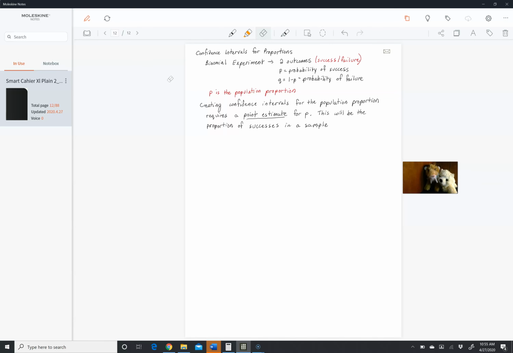Okay, we refer to this as p hat. Okay, that's how we read it. So it's p with a little hat on it. Okay, so what does this mean?